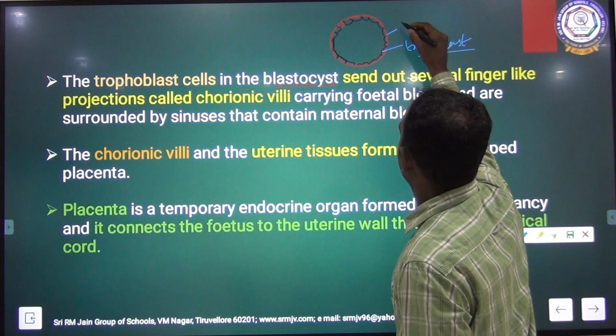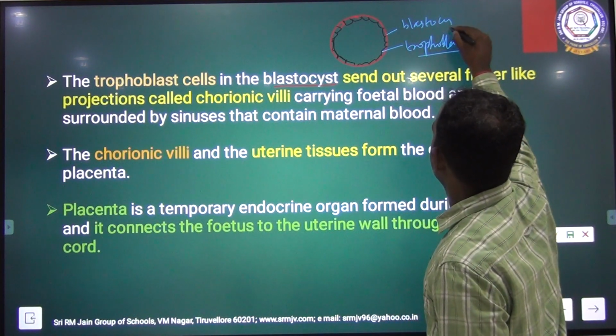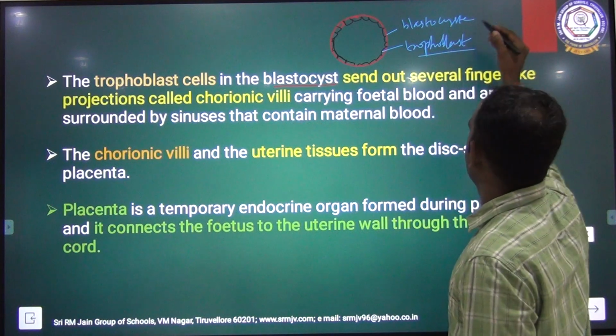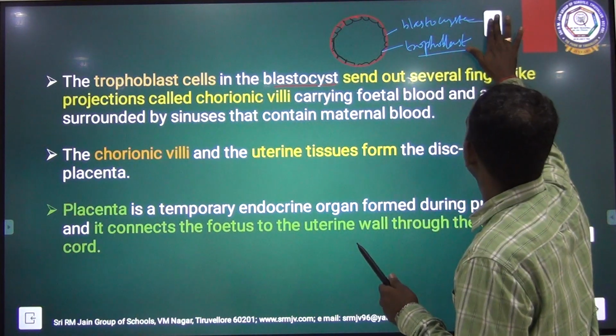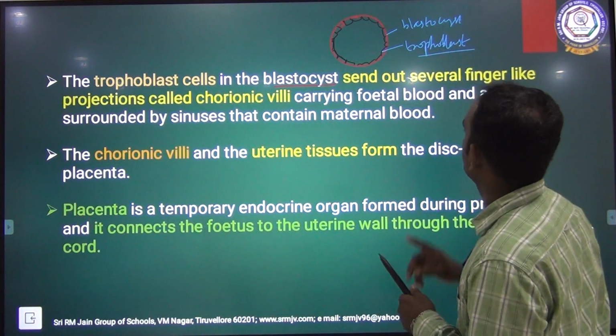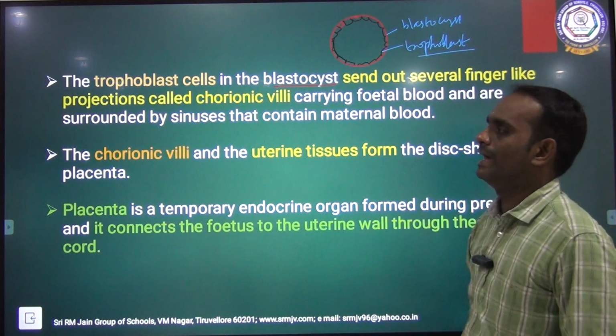This is called blastocyst. 100 cell stage, that is called blastocyst. This layer is said to be the trophoblast.